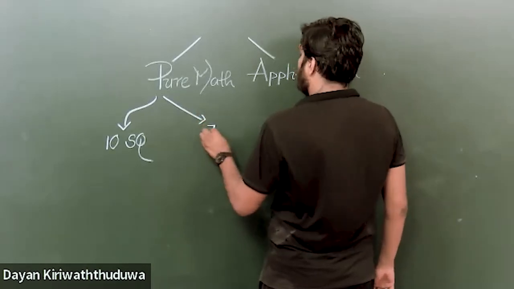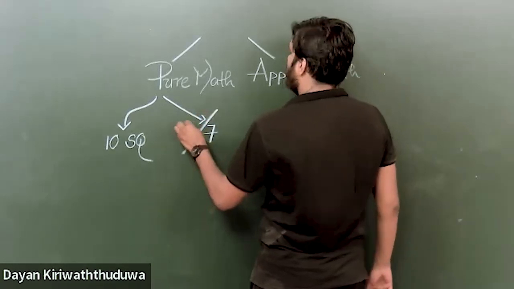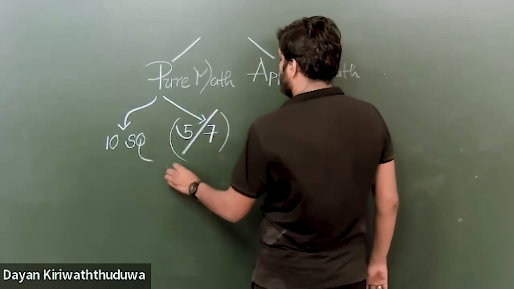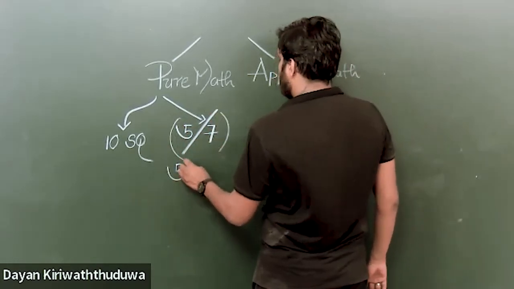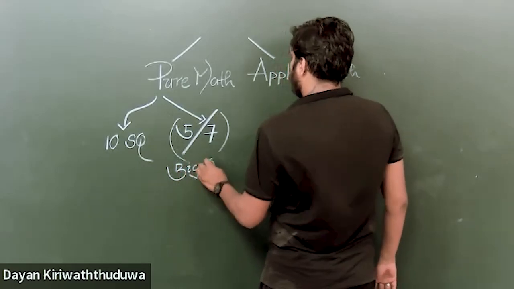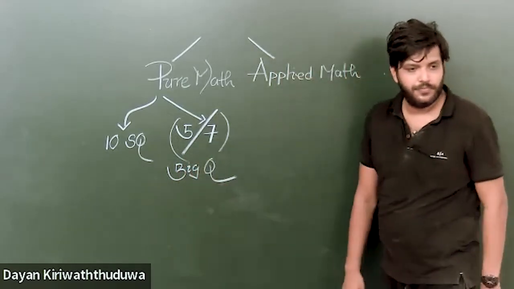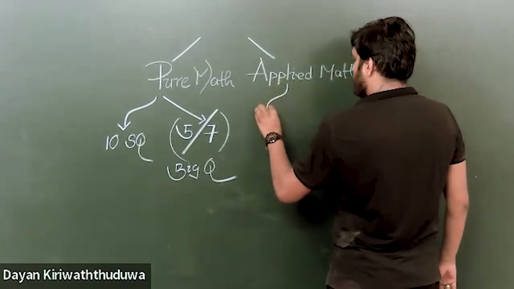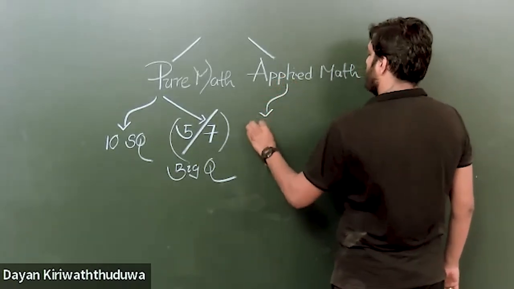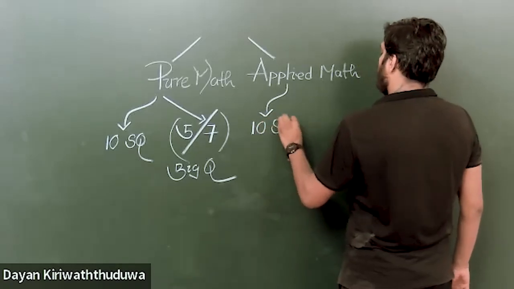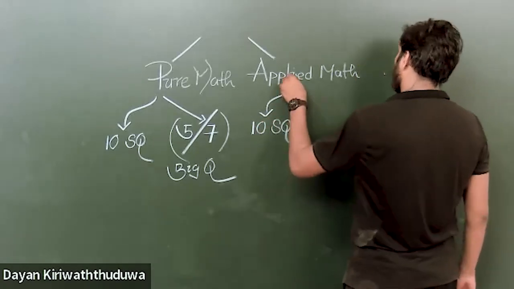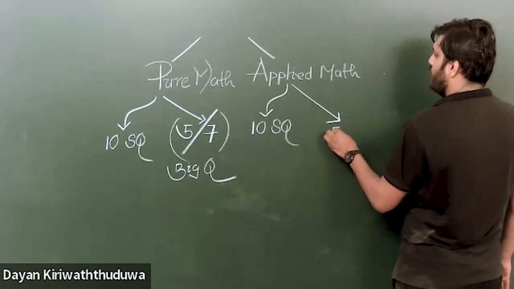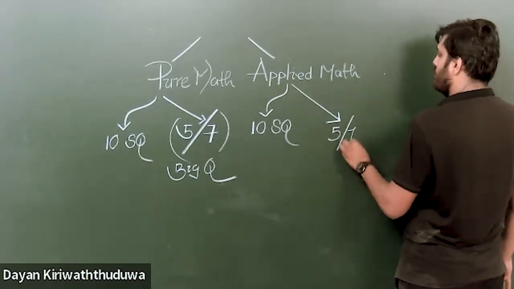But out of 7, you only answer 5 questions, isn't it? So I call them big questions. In applied maths, we have 10 short questions. You have to do them for sure. You can't ignore any of them. And 5 questions once again out of 7.